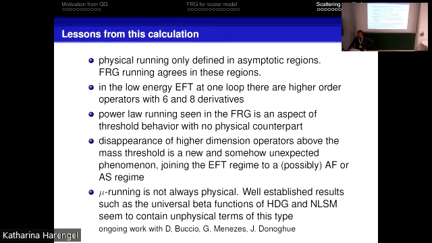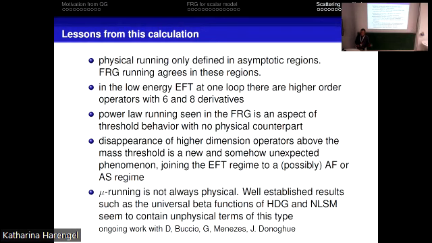All right, so I think that I can come to my conclusions, which is that the physical running is really only defined in the asymptotic regions, and good news is that FRG does agree with this physical running in the asymptotic regions. In the low energy effective field theory, you don't see running of the low energy coupling.